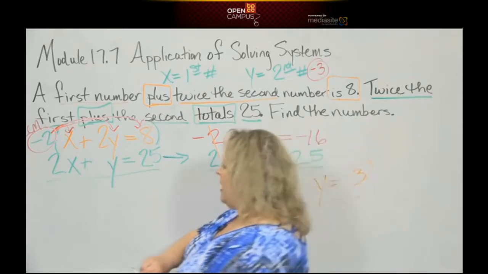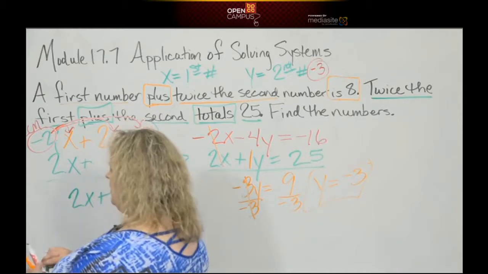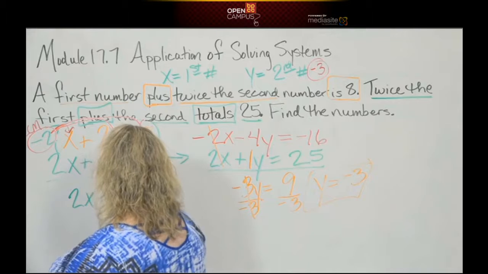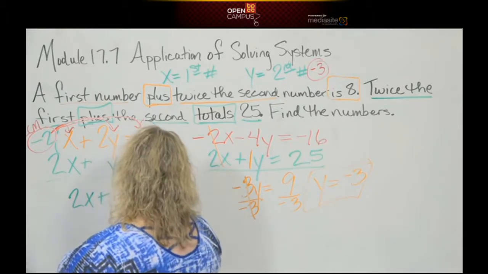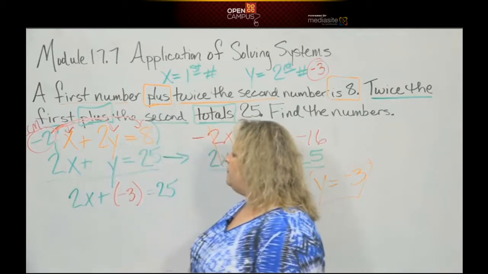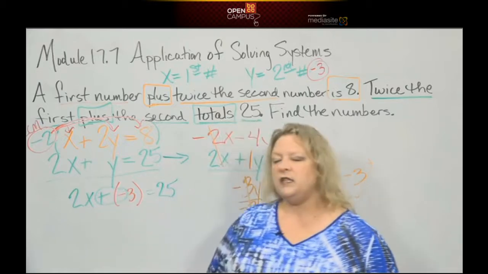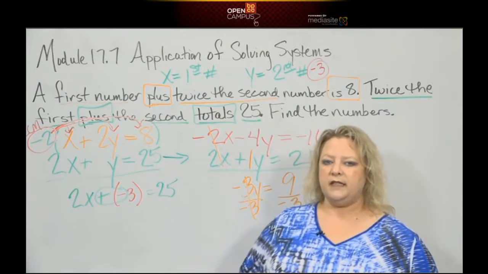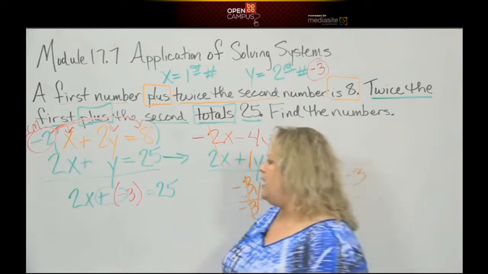So I'm going to take my 2x plus y. Let's substitute my y value, which is negative 3, is equal to 25, okay? Now, see how you have two different signs right here? One's plus, one's minus. When you multiply a positive times a negative, it gives you a negative, that's right.